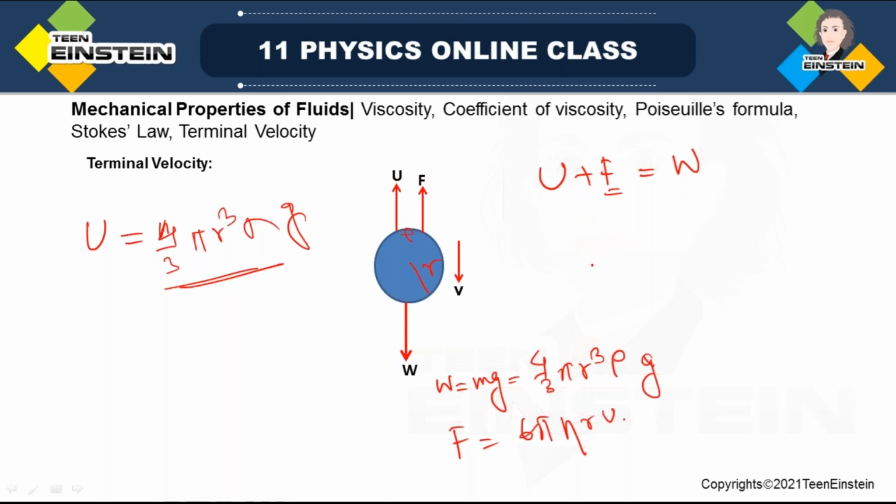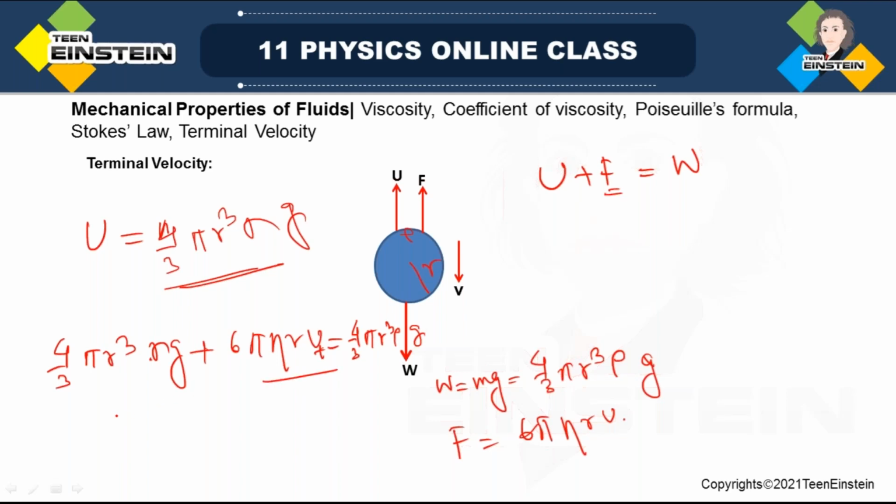Okay, now we'll just equate all of them. Let me write it here. So 4 by 3 pi r cube sigma into g plus 6 pi eta r v is equal to, and this v is actually now terminal velocity, 4 by 3 pi r cube rho into g.